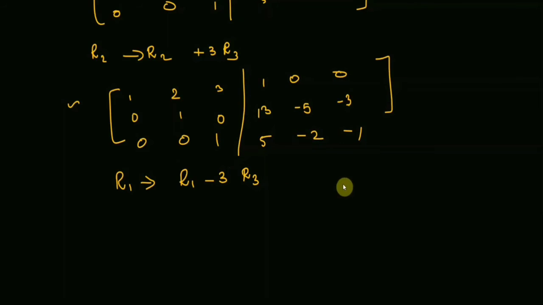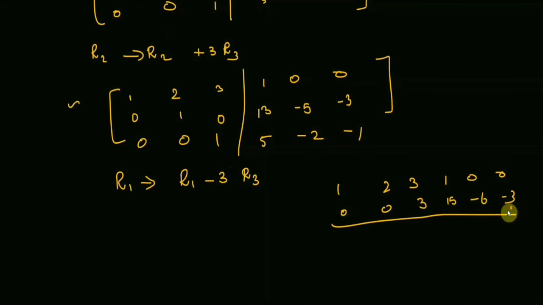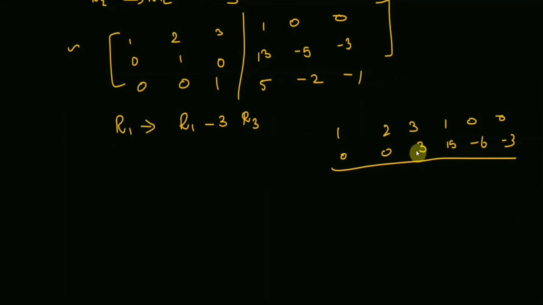So R1 is 1, 2, 3, 1, 0, 0. We are multiplying row 3 by 3. So 0, 0, 3, multiplying by 3. So remember that. So it's 15, then minus 6, minus 3. So when you change the sign, this will become 0. So 1, 2, this is minus 14.